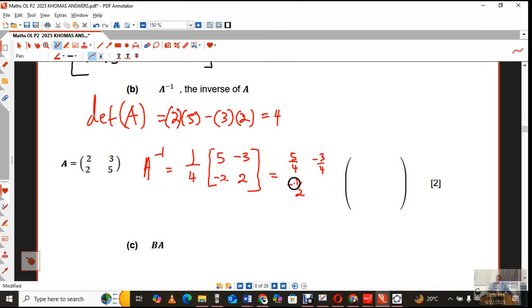If you multiply this into that, that's going to give you positive a half, okay? Then you can also write this as decimals if you want. So this is the same as 1.25, and this is the same as negative 0.75. This is negative 0.5, and this is 0.5, okay? It's clearly up to you what you want to do.